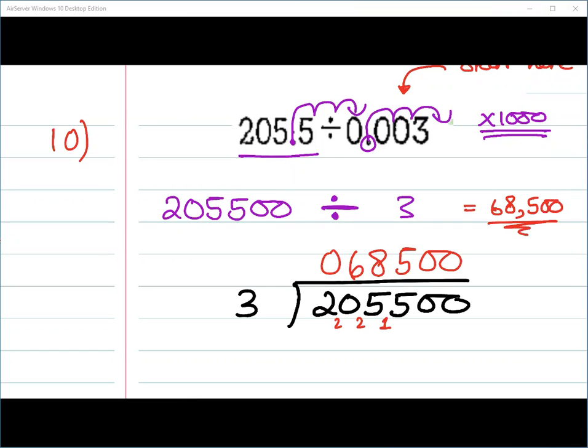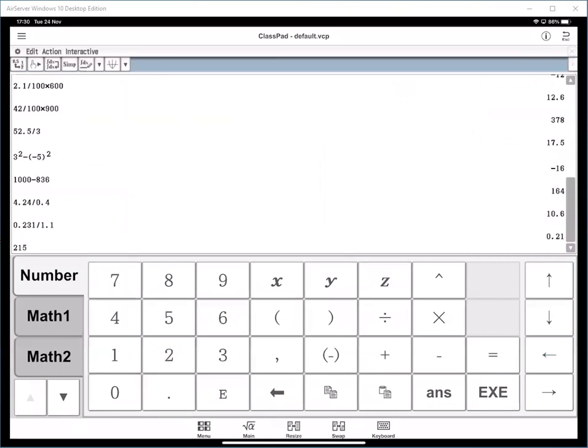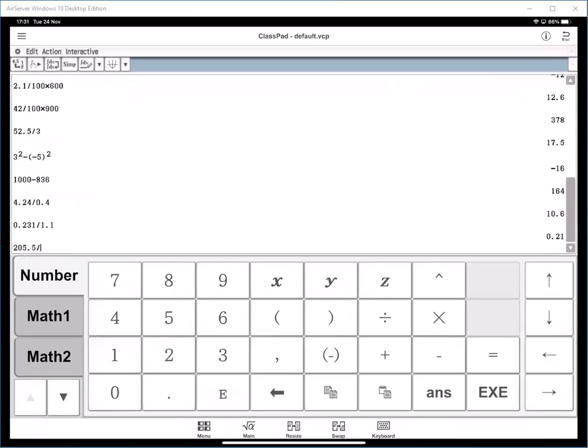Remember this number here for me, please. I want you to read this original number to me. Let's just check our original number and see what answer that gives us. Okay, what is the original number? 2.5 divided by 0.03.